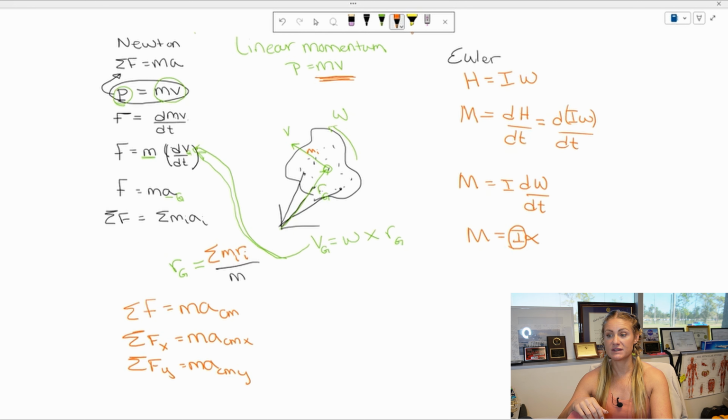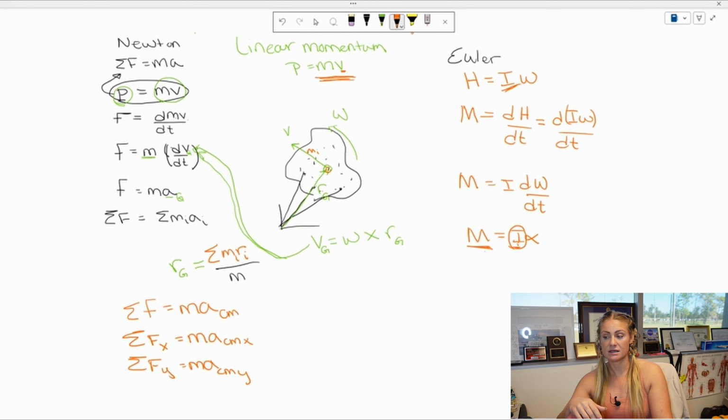So if this is the center of mass, this is also going to be the center of mass. Just know that this is assumed to be about it. It doesn't have to be, but it just has to be about the same axes that the M is taken. So if you're doing the moments about the center of mass, I has to be about the center of mass.